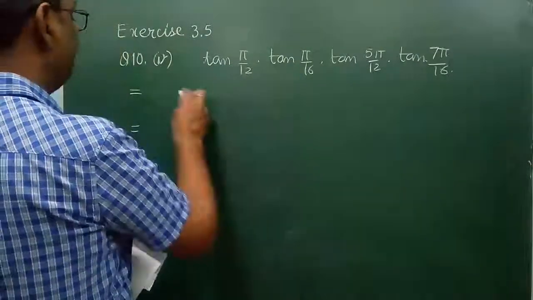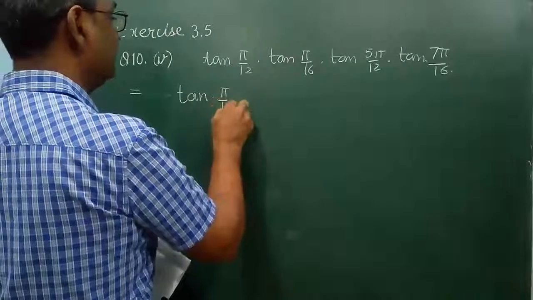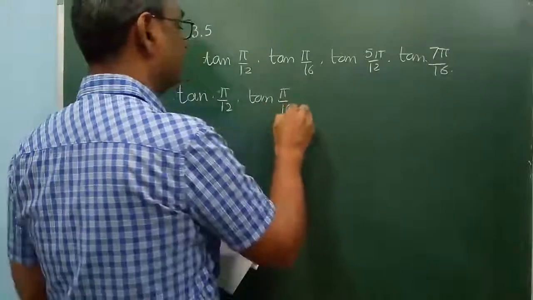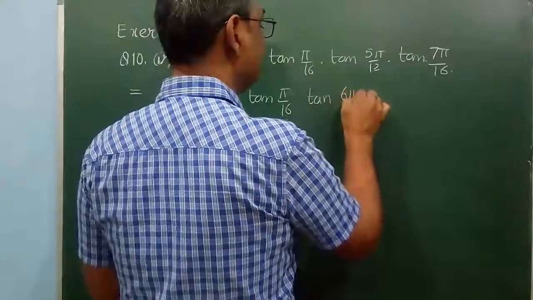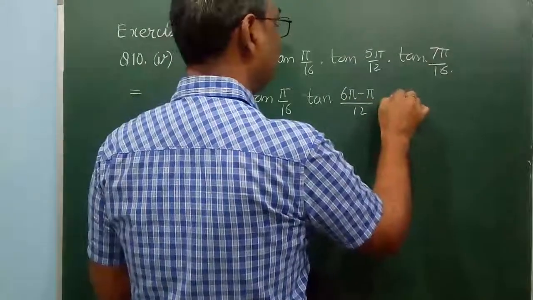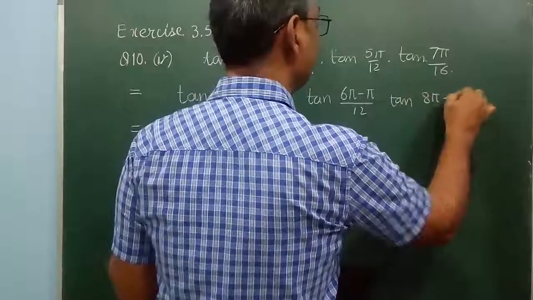These two we will keep as such, tan pi by 12 into tan pi by 16. Here this one we can write as tan 6 pi minus pi by 12, and this we can write as tan 8 pi minus pi by 16.